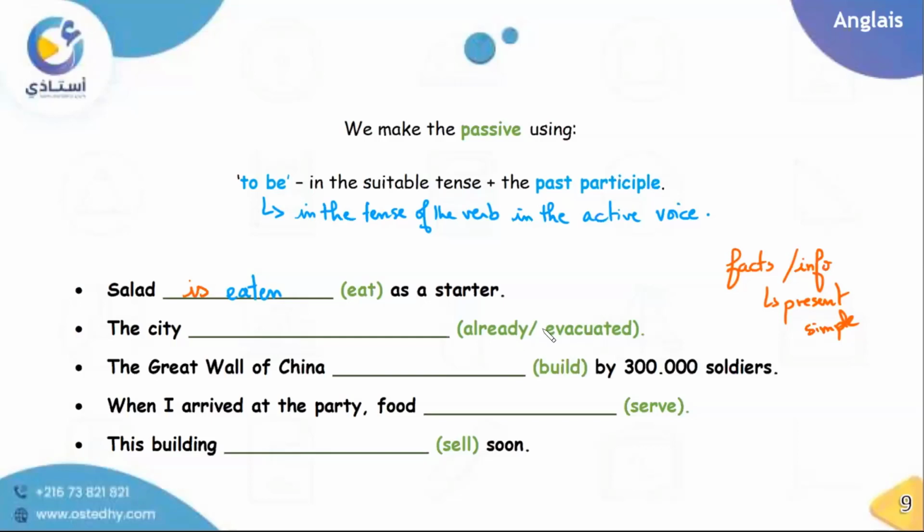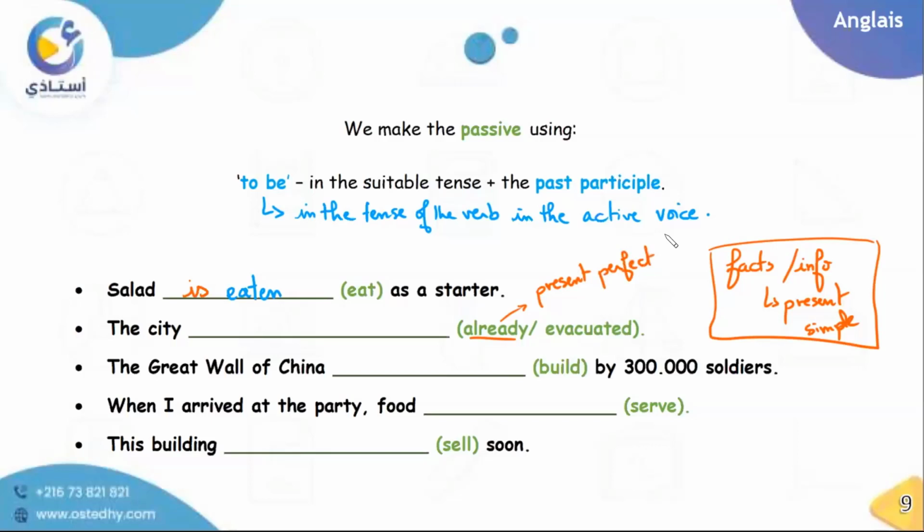"The city already evacuated." We said that we either take a look at the context or the use, or we can see some signal words so you can know which tense to use, or some dates. Here we have "already." Do you know which tense already is used with? It's used with the present perfect.